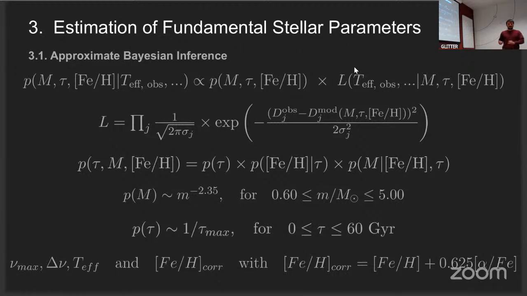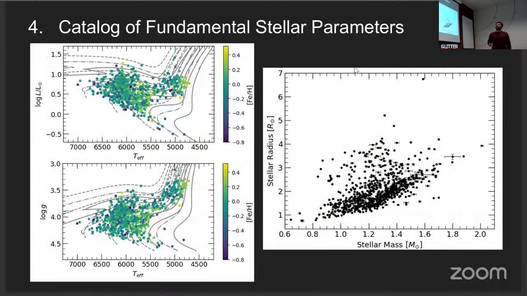So then, taking the seismic variables, nu max and delta nu, and the spectroscopic variables, effective temperature and metallicity, which is corrected by the best alpha enhancement ratio, we computed stellar masses, radius, fundamental parameters for these stars included in this catalog.